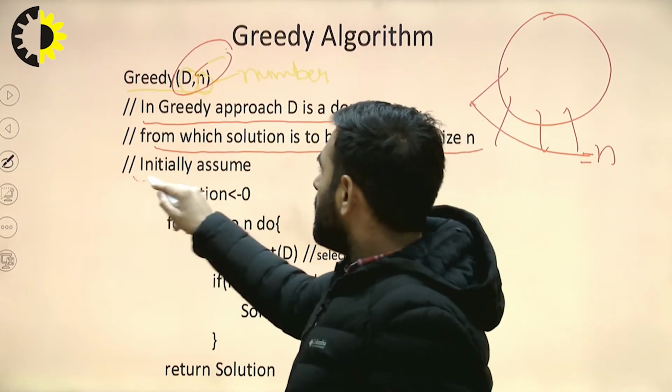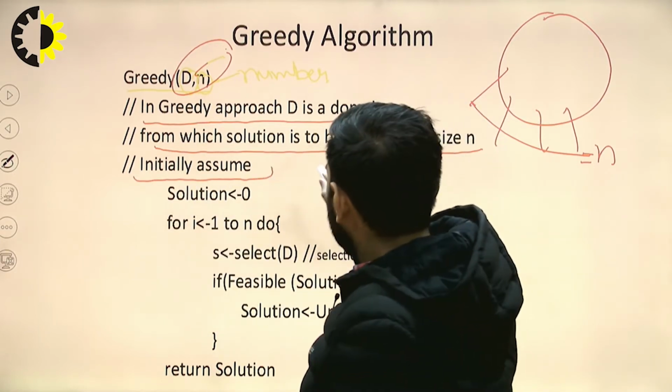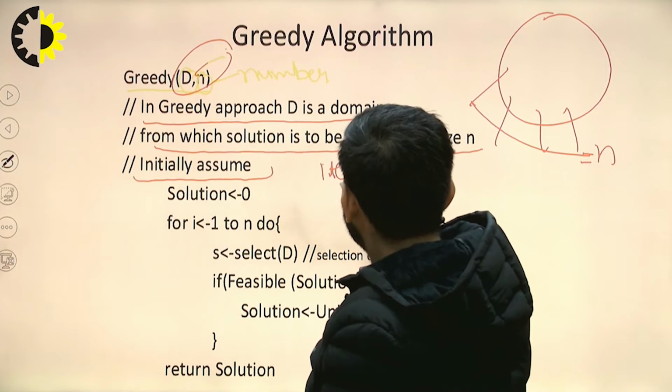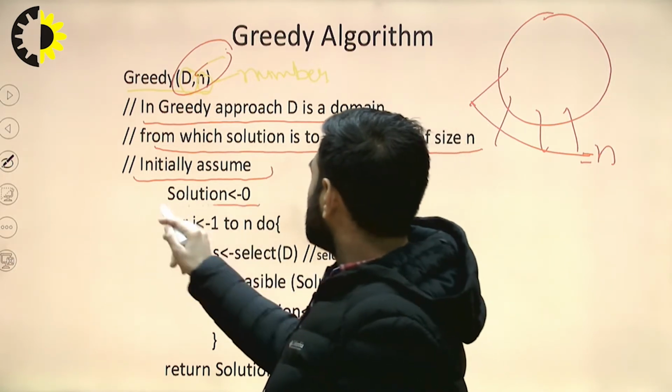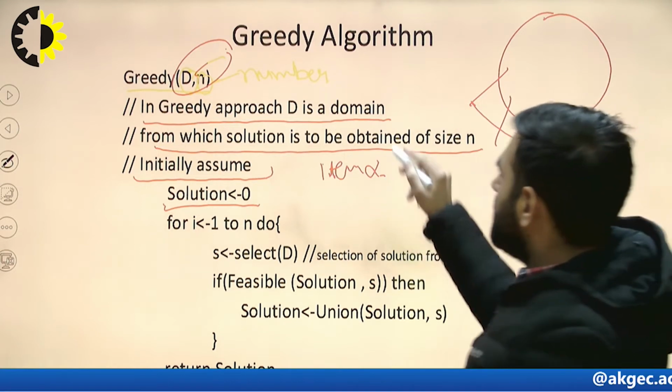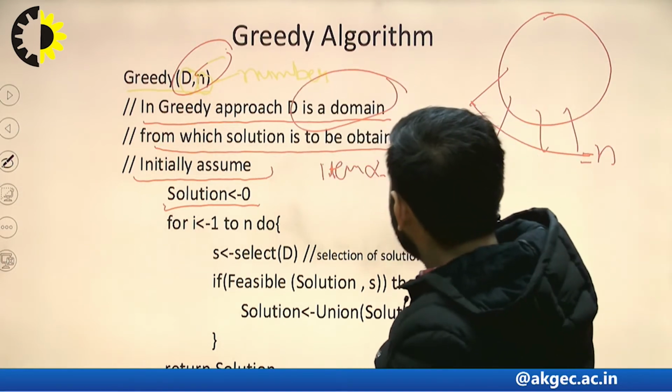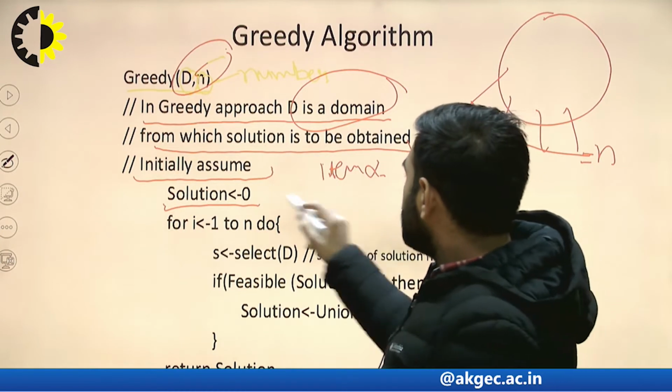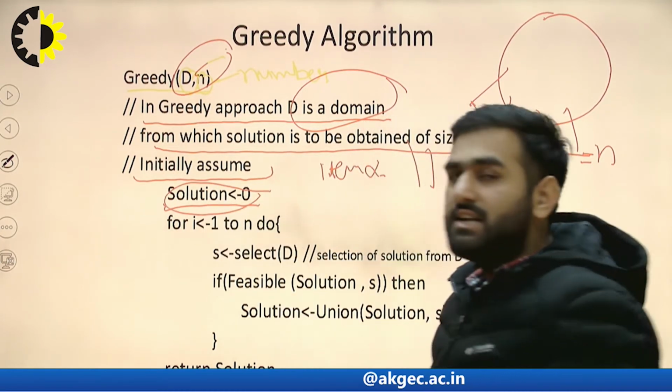Initially, assume we haven't selected any particular item. So initially the solution array is 0. After selecting solutions from the domain one by one, we will add them into the solution array. But initially it is 0.